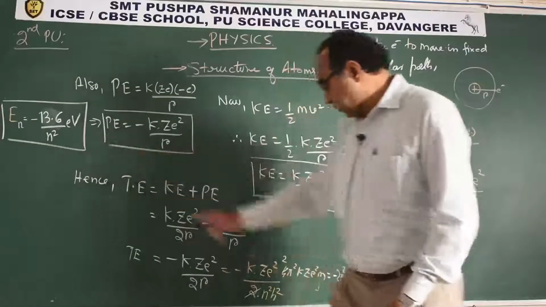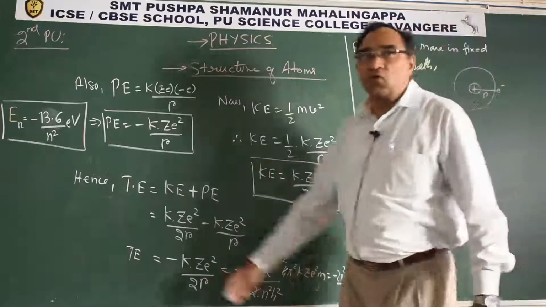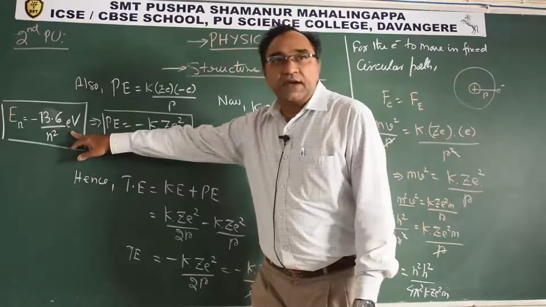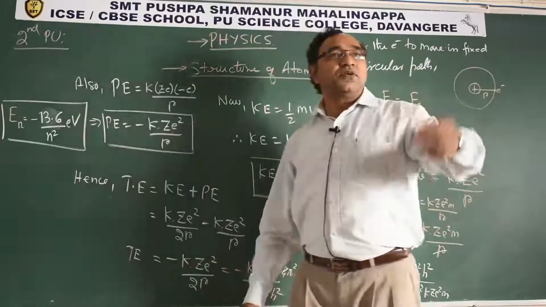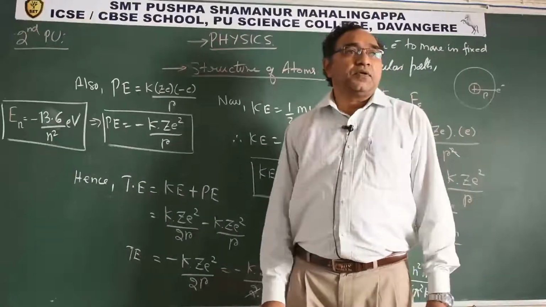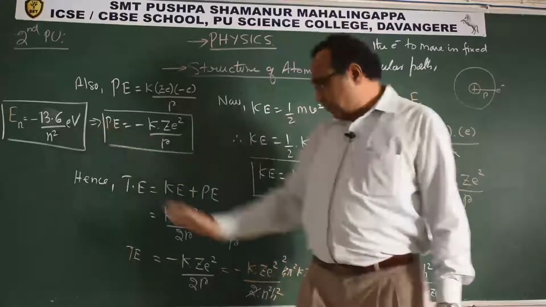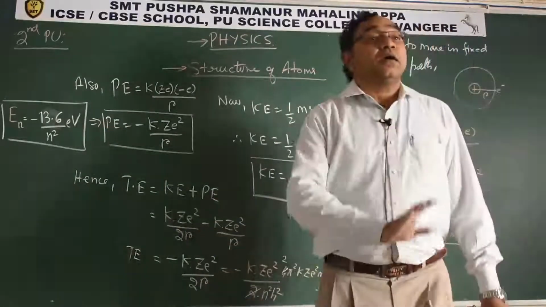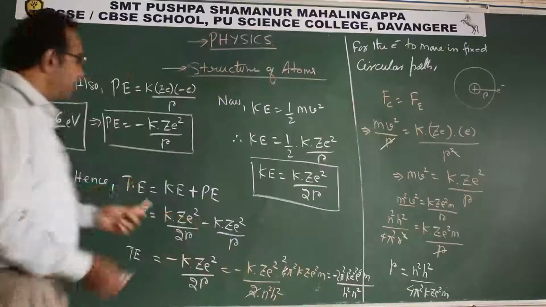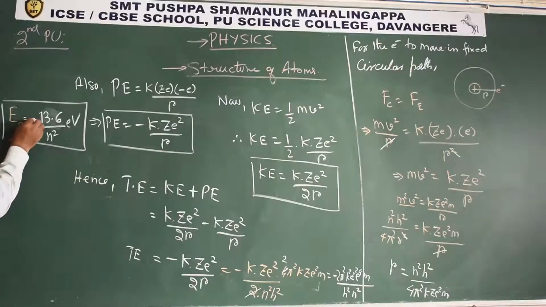See here how it comes. This is in electron volts. You can convert this into joules. 1 electron volt is 1.6 times 10 power minus 19 joules. We can convert that, but to make it easy to remember, I have written it in electron volts. And observe the most important part. It is negative.